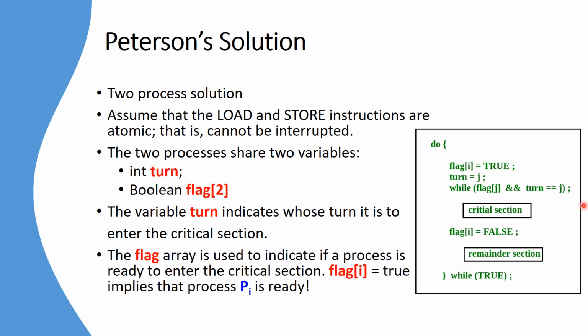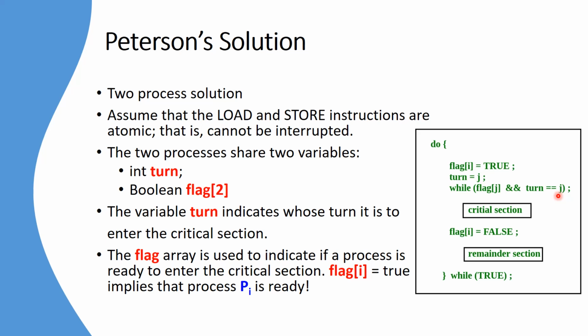If you look at this particular section of the code, you will see that the flag variable and the turn are represented here. So flag of 0 means process 0 is ready to enter. Turn equal to 0 means it is process 0's turn to enter. If flag of 1 is 1, that is true, that means process 1 is ready to enter, and if turn value is 1, that means process 1 will be entering the critical section.